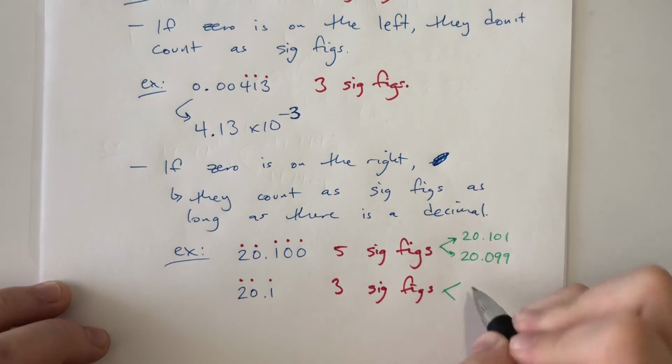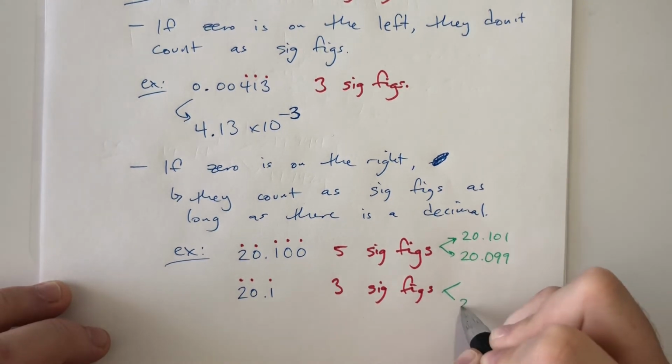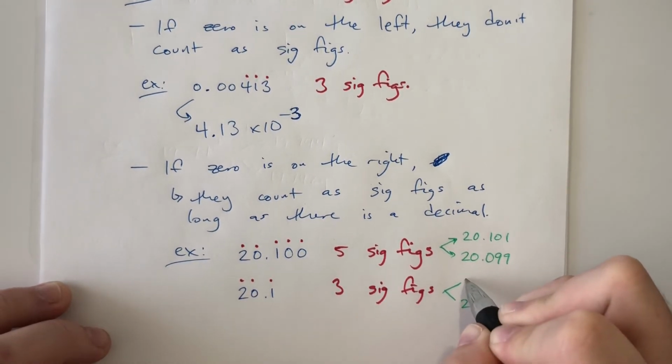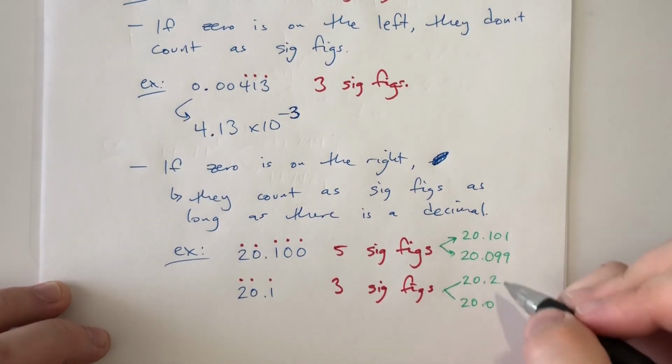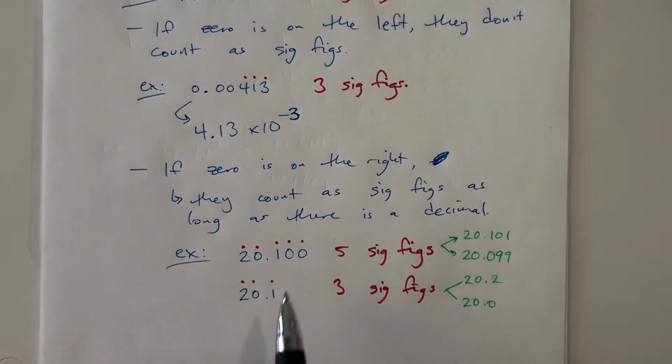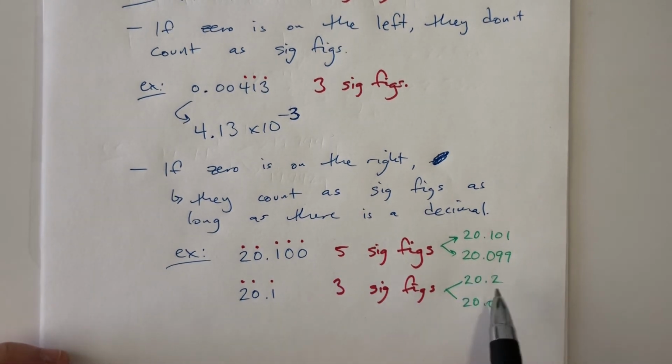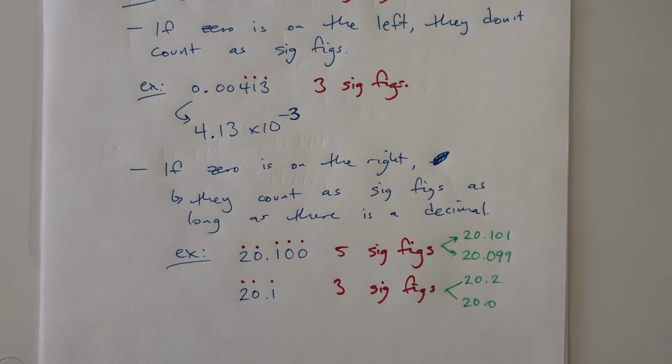This number should be interpreted as being between 20.0 and 20.2, which is a much wider range. Okay, so these zeros are definitely causing an impact on how we interpret the number.